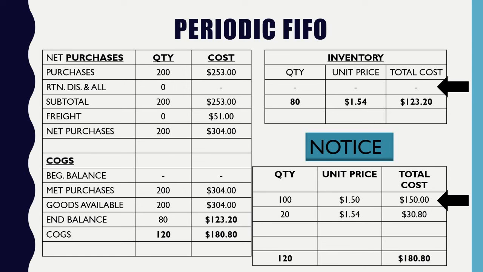Don't worry, we'll have plenty of time to practice this. So here you go. That's the first one here: we took the first batch of inventory and we got rid of it, because the cost of goods sold here is first in, first out.